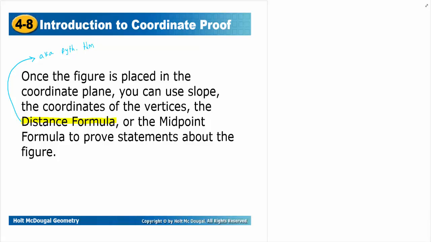We'll be using that one a little bit as well. You'll see us use that a lot to prove statements about the figures. But again, just make a little cheat sheet of the things that you can use on these coordinate proofs. You can use slopes, and you can use the coordinates of the vertices to find the distance and the midpoint. So if you know how to do distance, midpoint, and slope, then we're going to be in pretty good shape, aren't we?